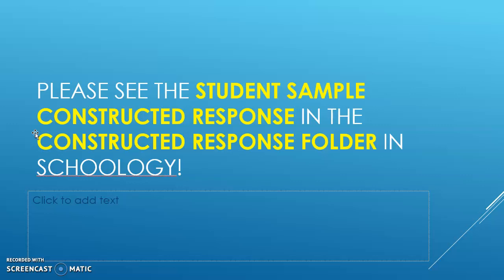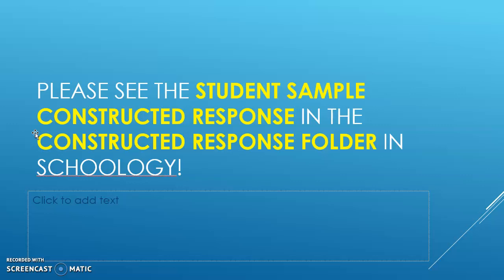So it'll tell you, for example, highlight the answer in red. Well, we know the very first part of a constructed response is the answer. Then it says to highlight your transition words in a certain color. Then it says to highlight your cited evidence and explanation of what it shows in a certain color. Then it says to highlight your thought bubbles in a certain color. So basically, at the end of it all, you have a color-coded format that's going to help you.